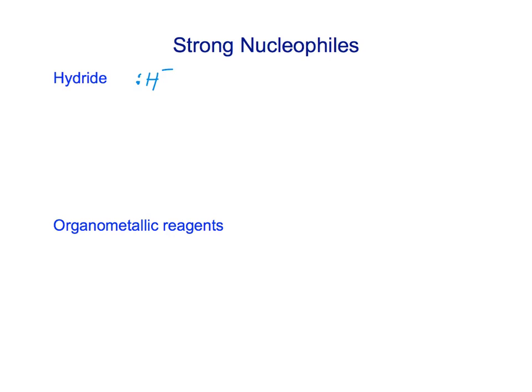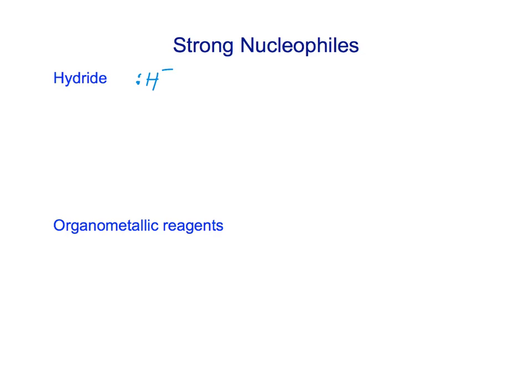You can use sodium hydride to deprotonate an alkyne. Sodium hydride is also good at deprotonating alcohols to make an alkoxide, a nucleophile. Hydride from sodium hydride doesn't usually act so well as a nucleophile, though. It's better as a base, but not a nucleophile. So we need some other reagents which are better at donating hydride as a nucleophile.